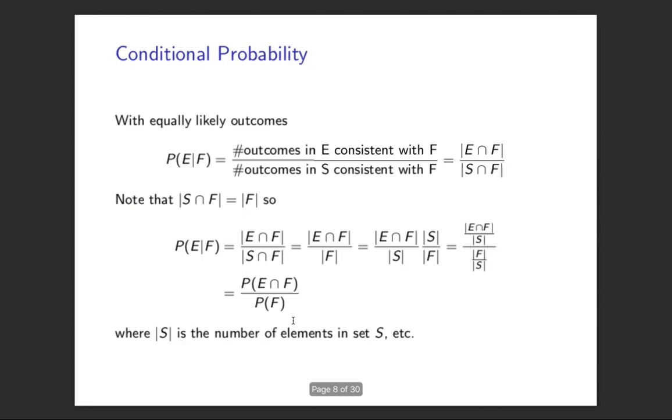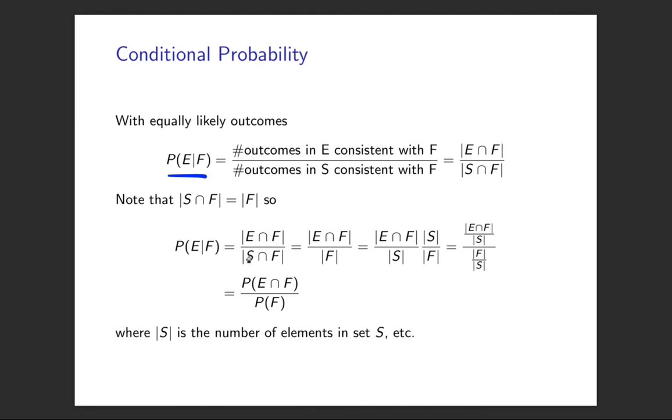So this is our counting idea we just did, right? We can count the number of outcomes in E consistent with F, the number of outcomes in the sample space consistent with F. So that's the number of elements in our event E intersected with set F, over the number of elements in our sample space intersected with F, and that's what we did in our calculations, right? That's our conditional probability.